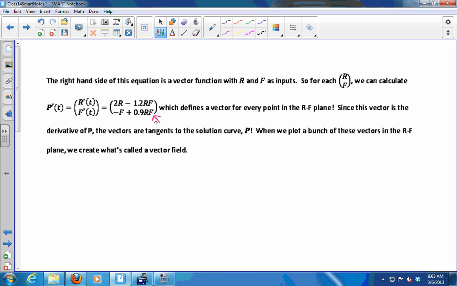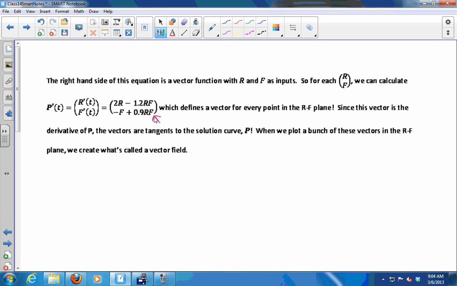R comma F is a point in the RF plane, and the vector is a direction. It's like a little arrow pointing you where to go. And since this vector that we're calculating is P prime, the derivative of P, those vectors are tangent to the solution curve that's traced out by R comma F.